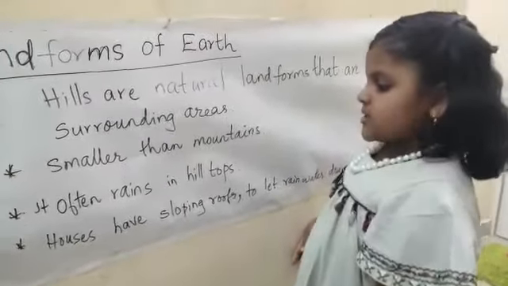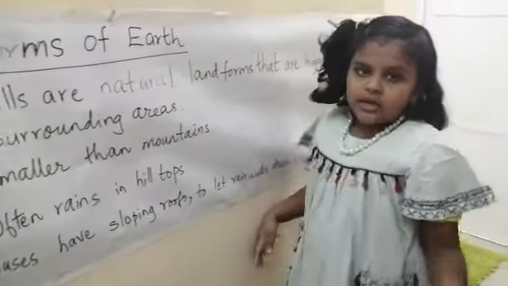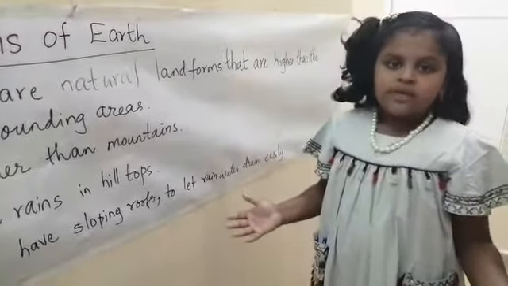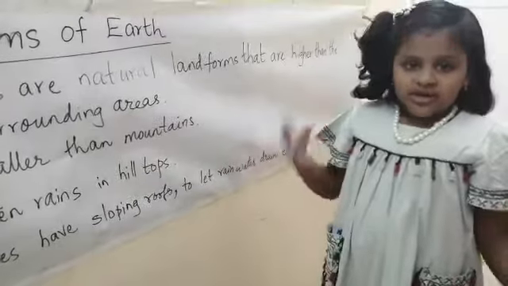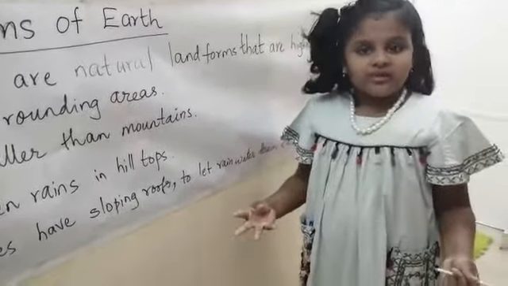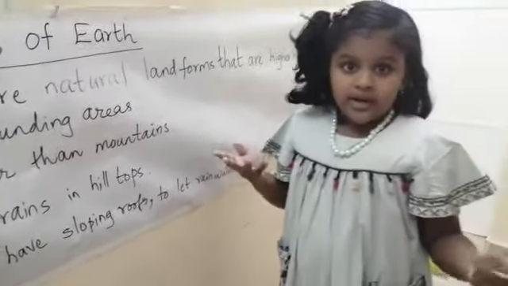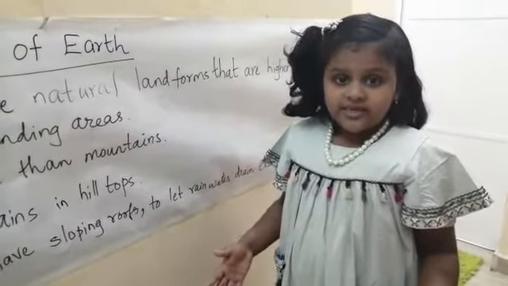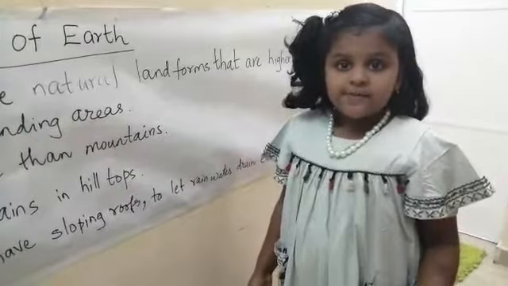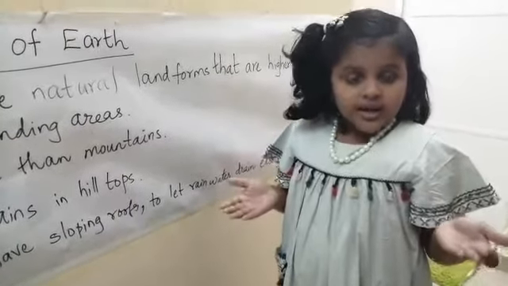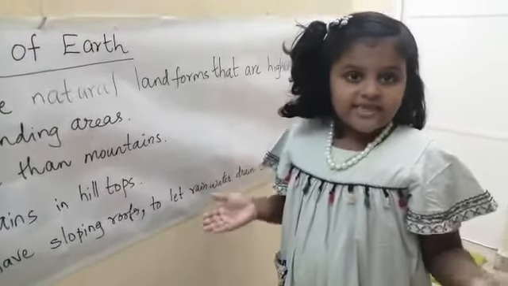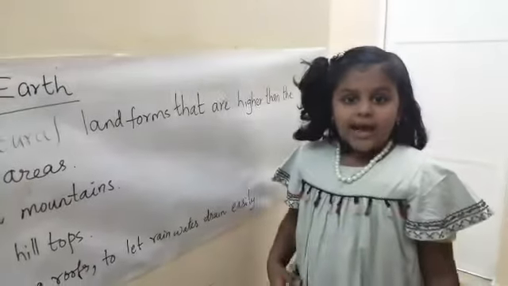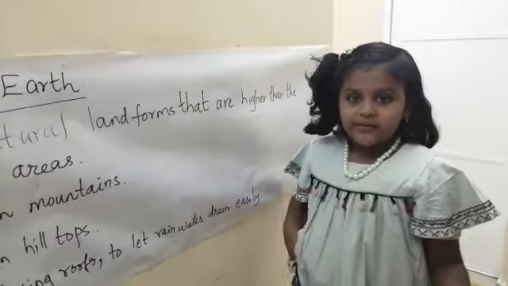So houses in hilly regions have sloping roofs to drain away the rainwater. Do you know what are landforms? Landforms are the natural features or shapes of the Earth's surface. I will show you what a sloping roof is.